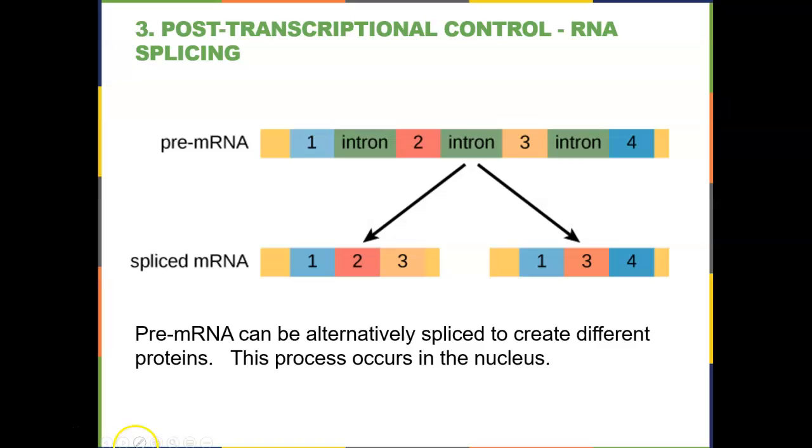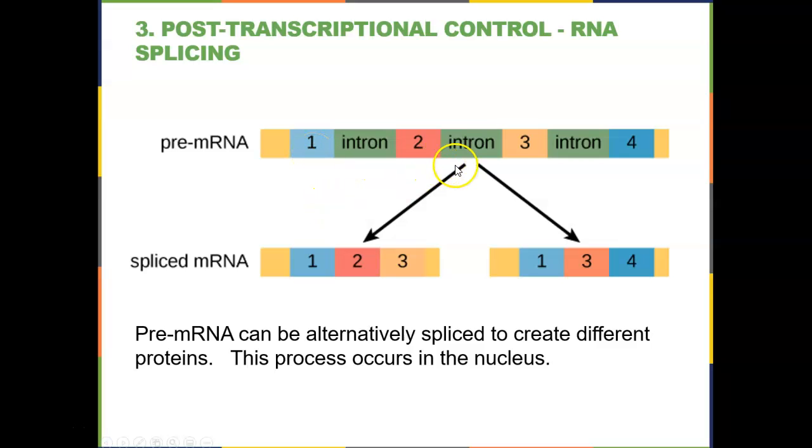And the third type was after transcription. So here we are now looking at a piece of RNA, a messenger RNA that has been transcribed. It has 1, 2, 3, 4 coding regions or exons and 1, 2, 3 introns, along with its 5' cap and its 3' tail. Now, it's going to have to go through processing where we take those introns out, but also we may selectively choose only certain regions to be read and turned into proteins.